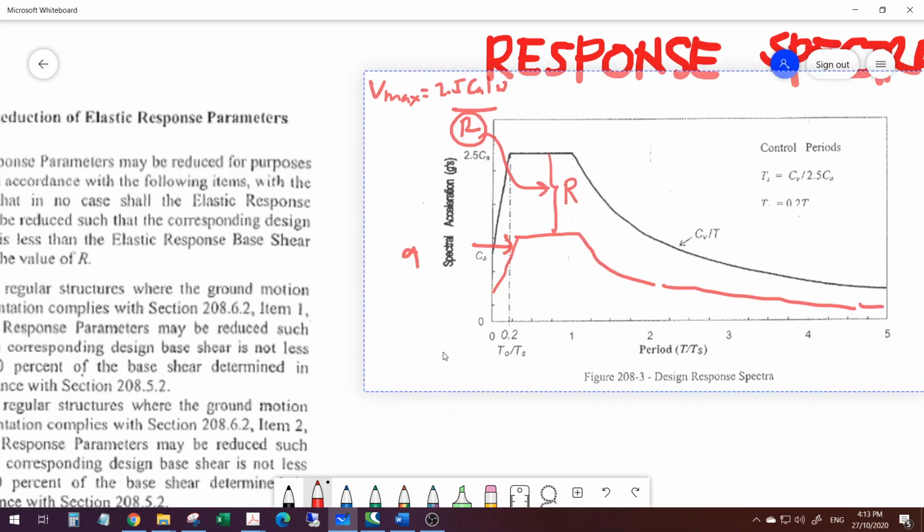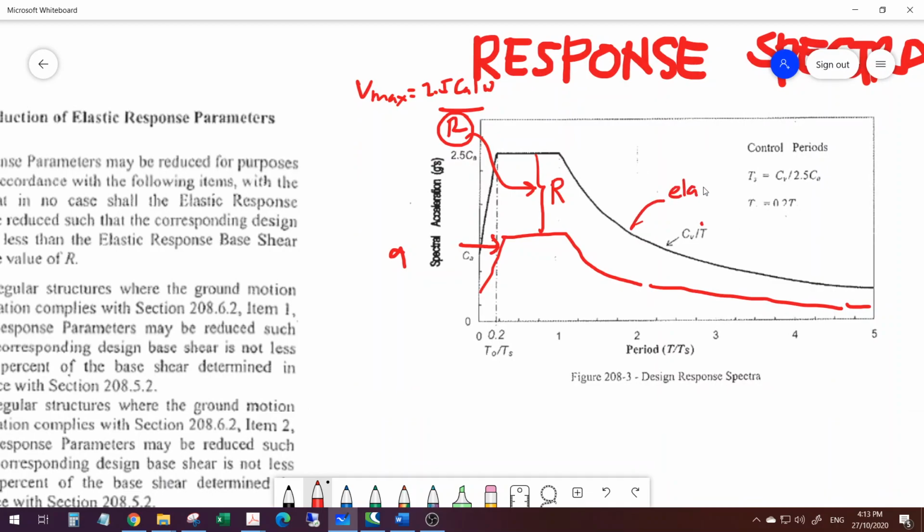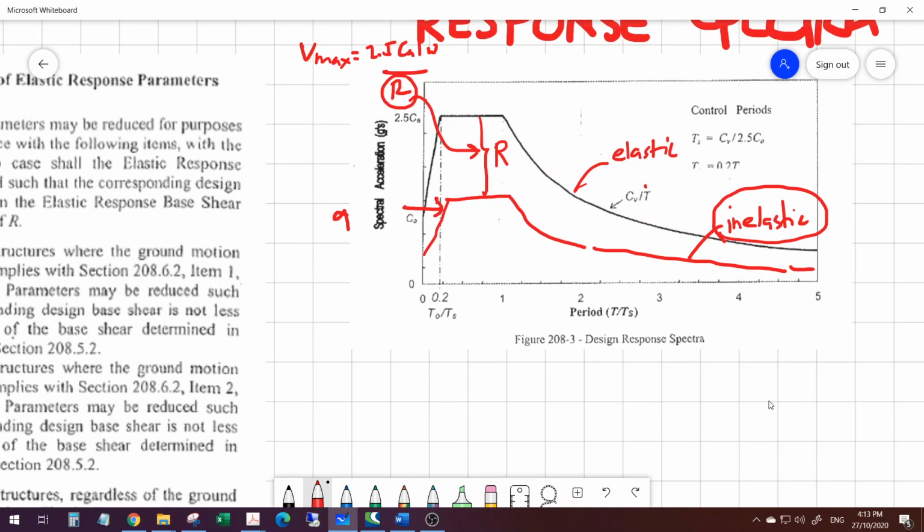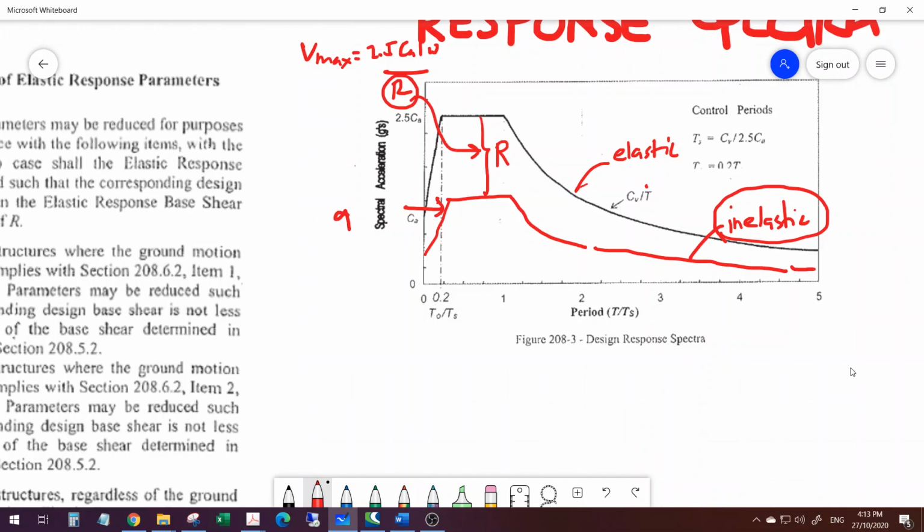Because this is an elastic response spectra, while this one is an inelastic response spectra. Therefore, if you are using this response spectra, the code is expecting our building to behave inelastically during the design base shear, if it happens in the lifetime of the building. That's why we can expect cracking on our cross sections.